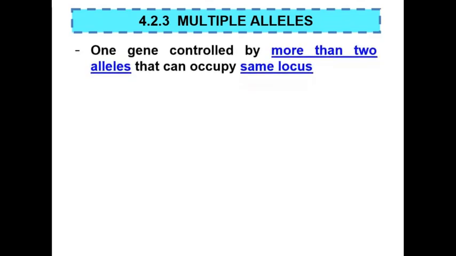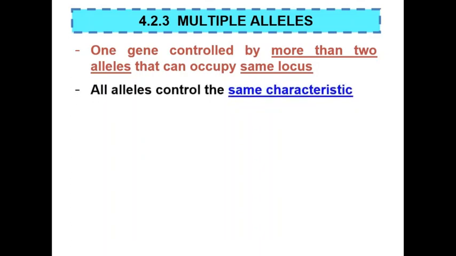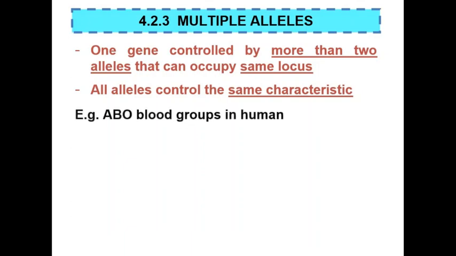Multiple allele. It is a situation where one gene is controlled by more than two alleles that can occupy the same locus. In this case, all alleles control the same characteristic. A good example of this is the ABO blood group in humans.